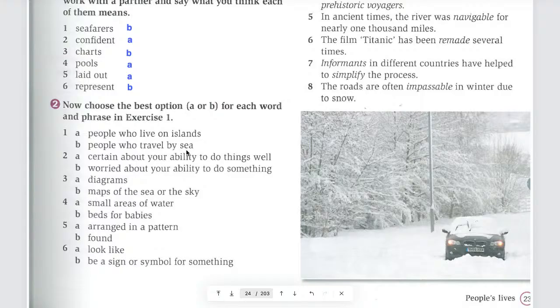You can say, seafarers means people who travel by sea. Or confidence, what does that mean? Confidence means certain about your ability to do things well. Now, do it fast. 5 minutes, guys. Really fast.